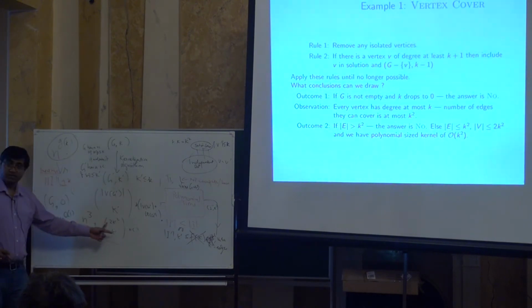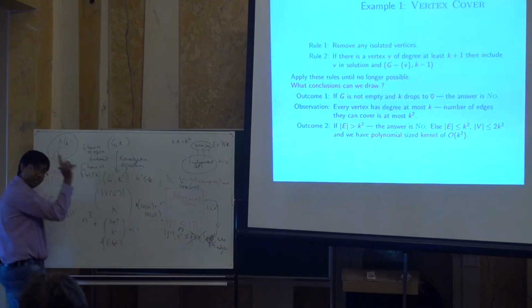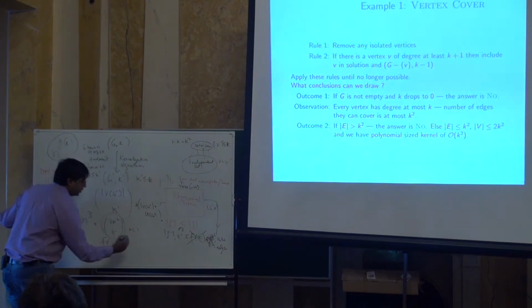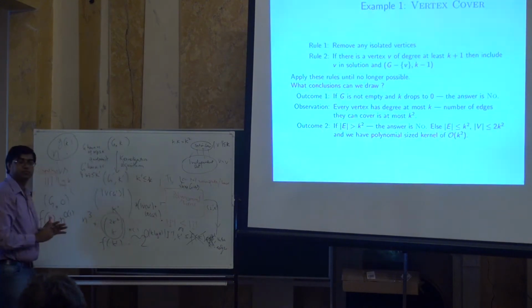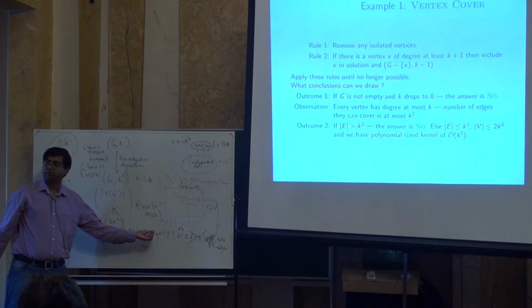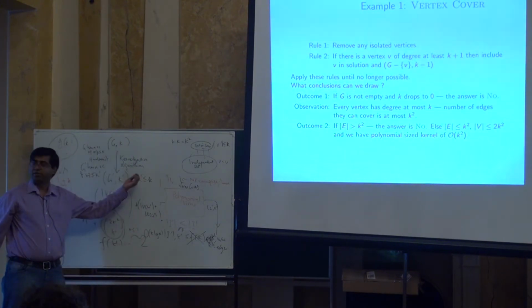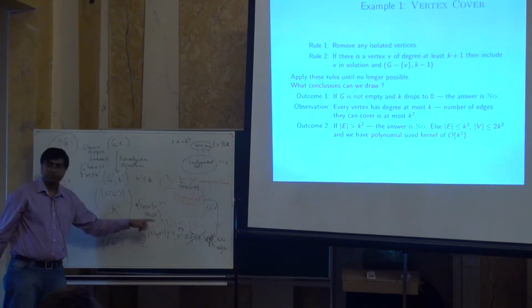So this algorithm is basically some f of k prime, with k prime less than or equal to k. In fact, this is an algorithm whose running time is 2 to the power big O of k log k, right? Because it is like k prime to the power k prime, which is like 2 power k prime log k prime. So this is the form of the running time.